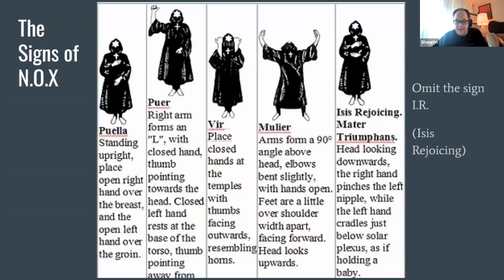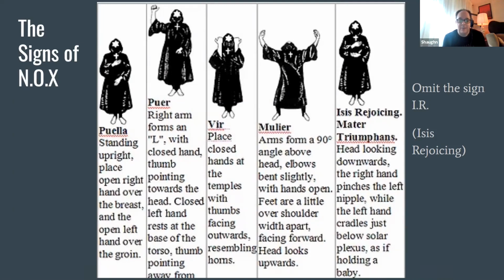So what are these Nox signs? Okay, so Puella is the sign for girl, right? So it's standing upright, place open right hand over the breast and the open left hand over the groin. Then puer, which is the boy: right arm forms an L with closed hand, thumb pointing towards the head.